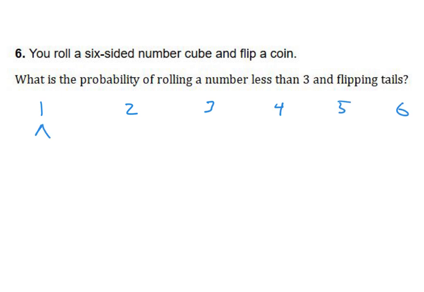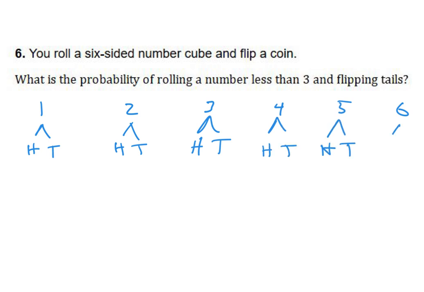And then you flip a coin. Heads, tails. We can clearly identify here that we have 2, 4, 6, 8, 10, 12 possible outcomes.